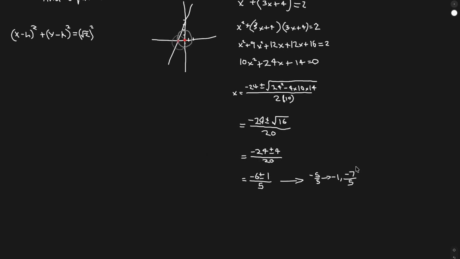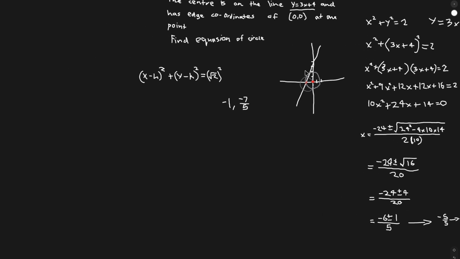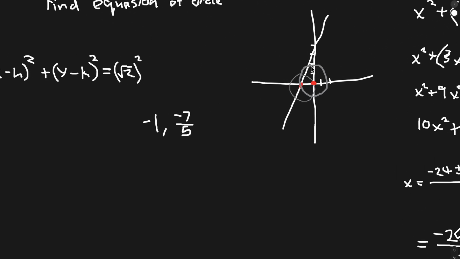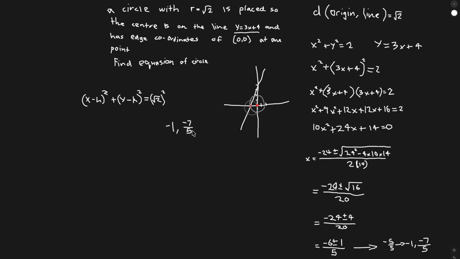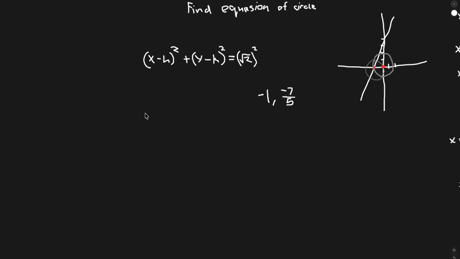So negative 1 and negative 7 on 5, they're going to be the two x values that this circle could sit on. So now let's put that into here.